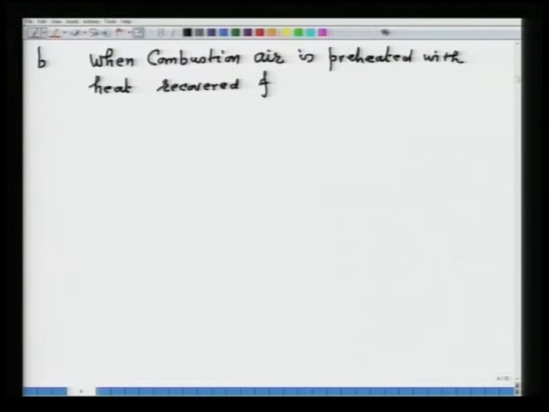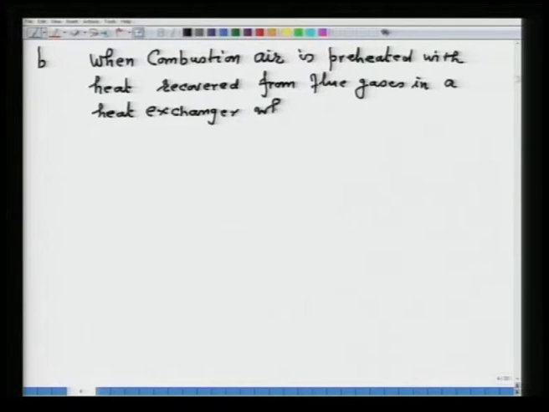from flue gases. Flue gases are products of combustion, one and the same thing, in a heat exchanger, which is having 50% relative efficiency.